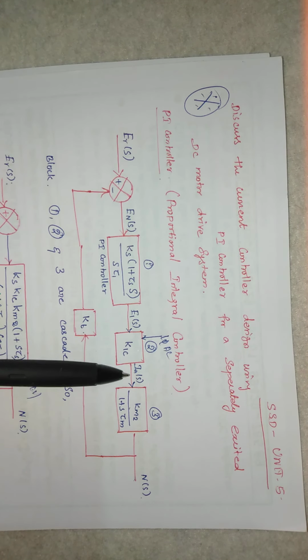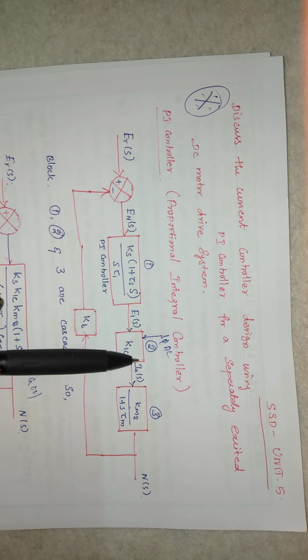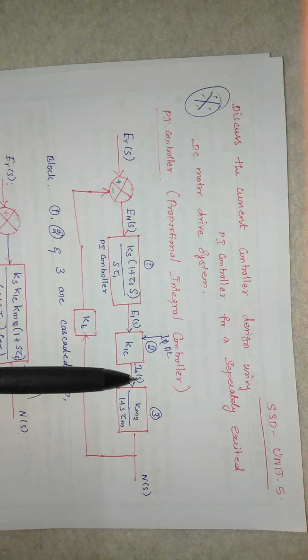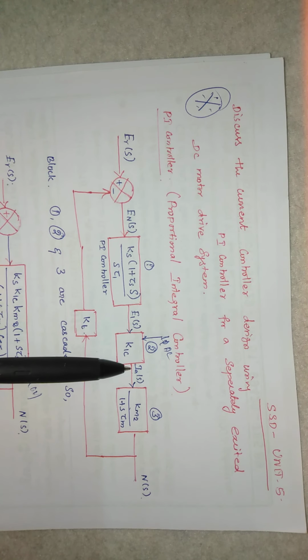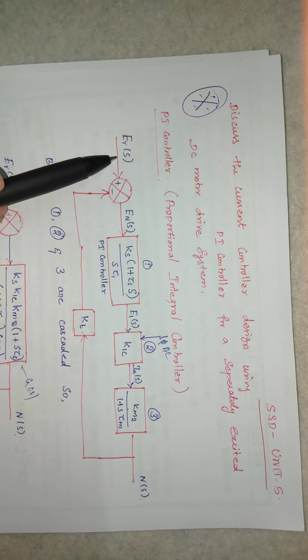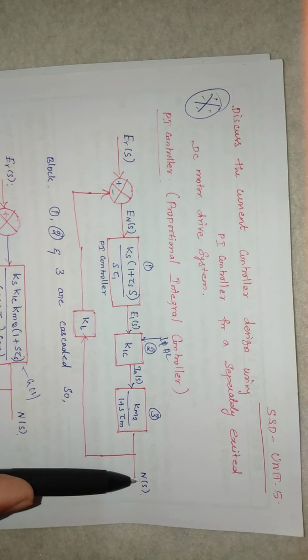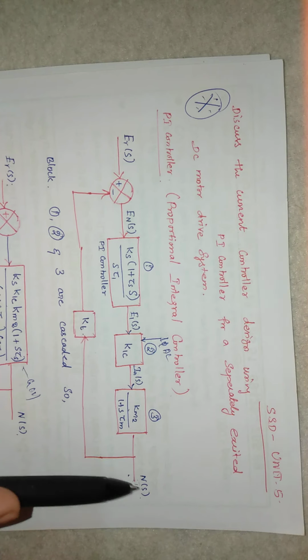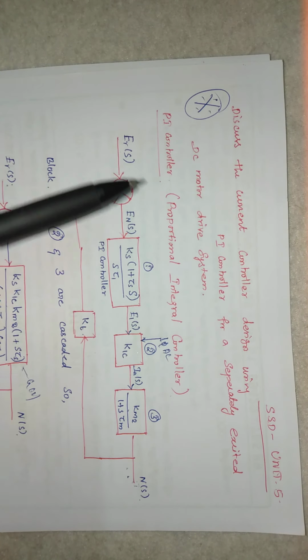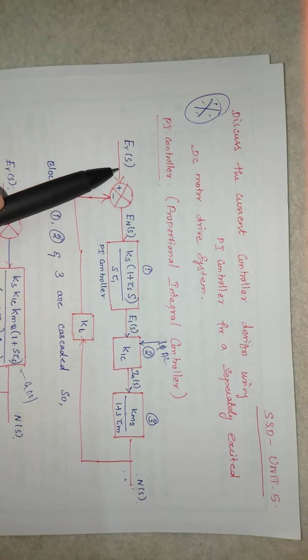Suppose you want to find the current value, then the current is produced as Ia with the help of this input Er of s. If we target the n value, that is speed, as output, then for this speed, this much current is required. For this much current, this much error signal, that is this much reference signal, is required.